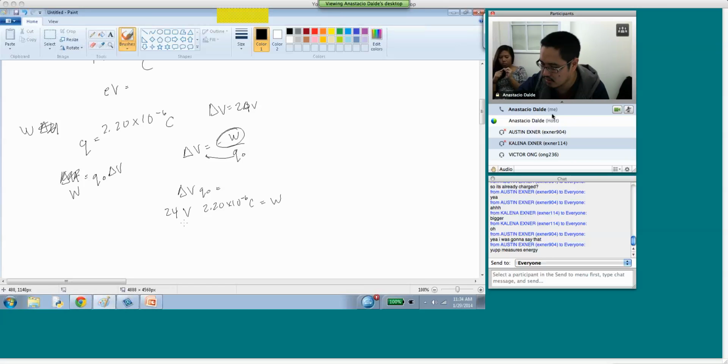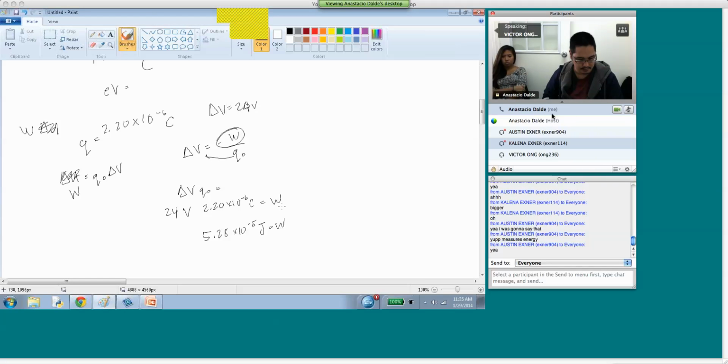And so that's equal to 24 times 2.2, which is 5.28 times 10 to the negative 5 joules. And that's the work done. Are we cool? We good? All right, cool.